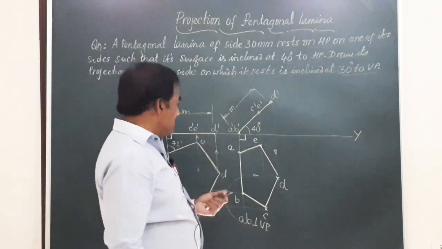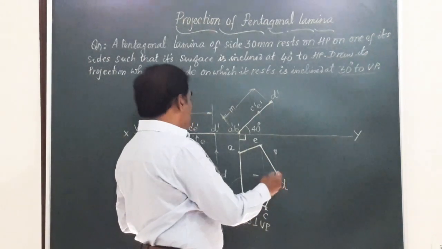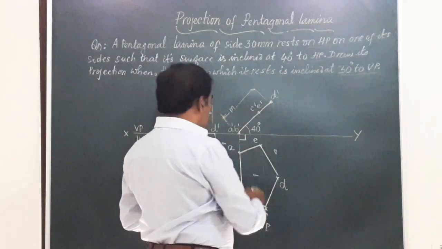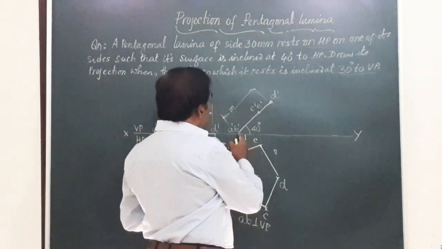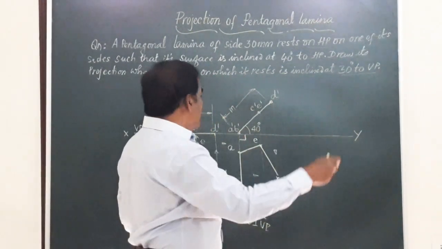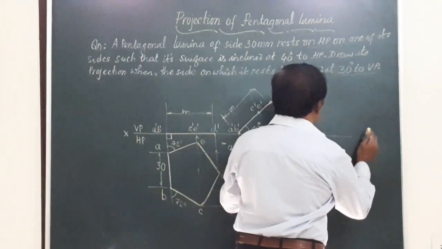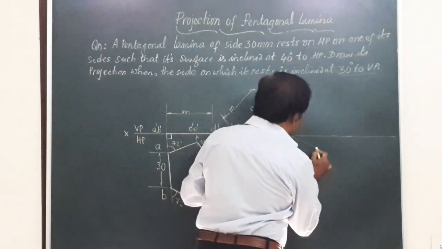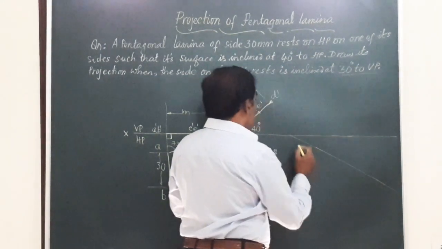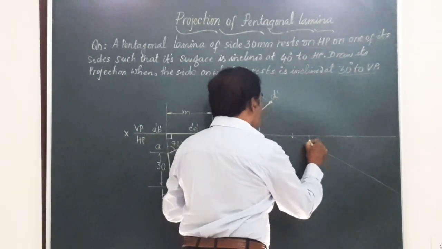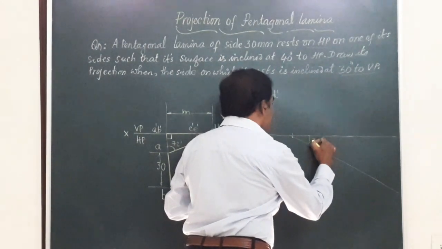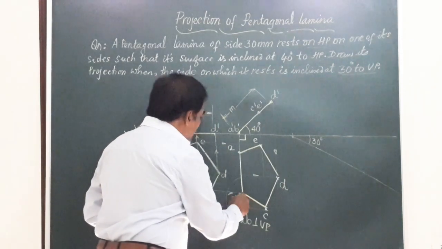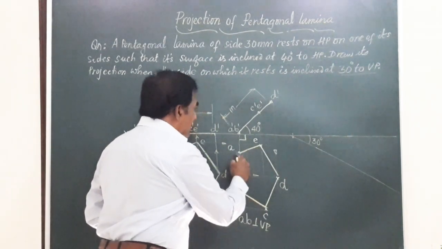So finally, friends, whatever top view we have got here, I am going to redraw this top view such that the edge AB on which the lamina is resting on HP is inclined at an angle of 30 degrees to VP. So I am going to mark a line here anywhere. I will take this as the reference, mark this line at an angle of 30 degrees, and on this 30 degree line I am going to make this figure lie on AB.